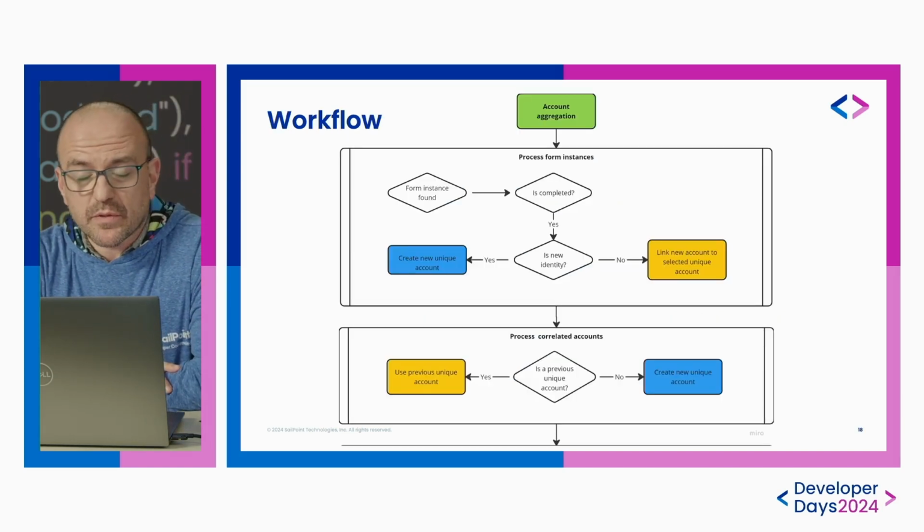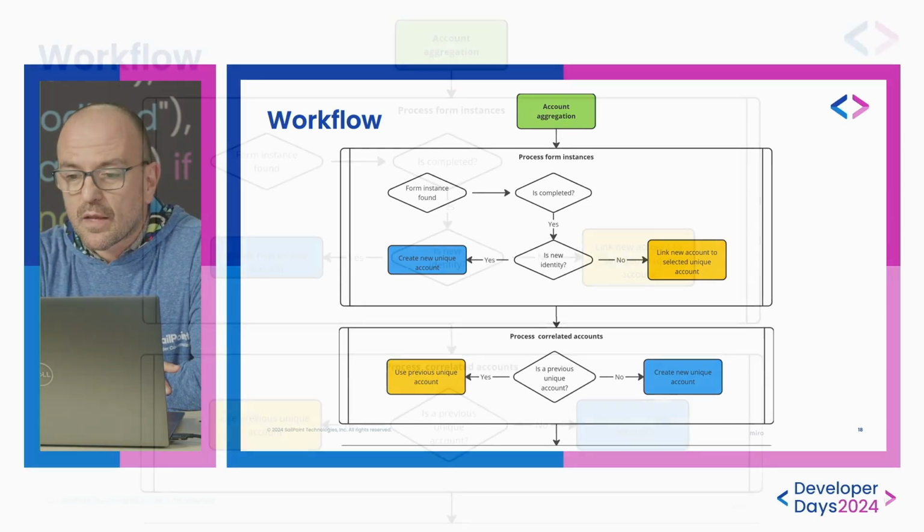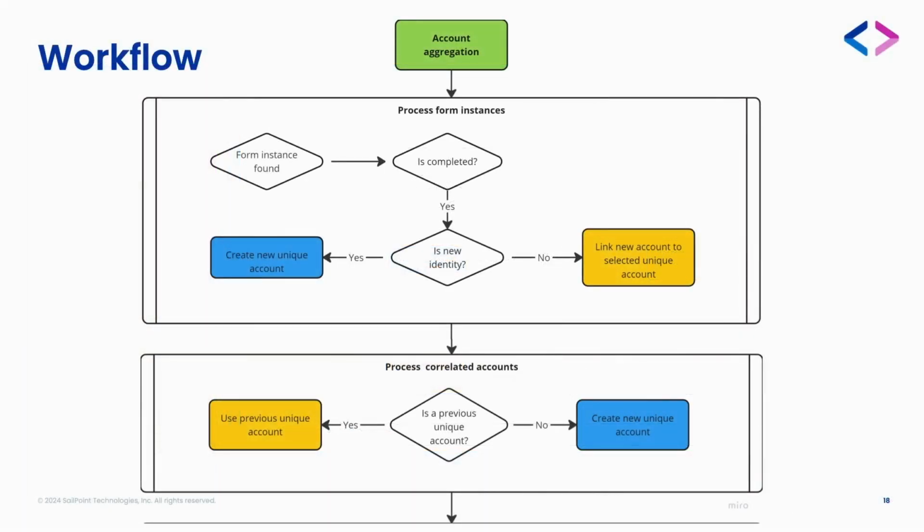Okay, now that we took that out of the way, let's see how the process works. As I mentioned already, and as you can see on screen, the processing happens on account aggregation. This process basically processes existing reviews, existing processed accounts, and new unprocessed accounts. As everything happens aggregation after aggregation, we start by checking if there are any form instances completed, which are our manual reviews.